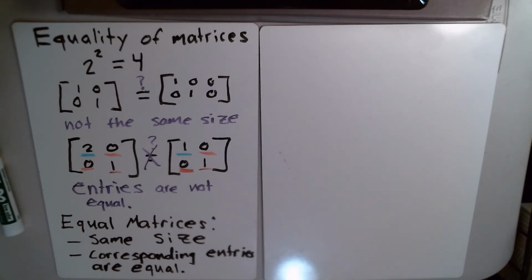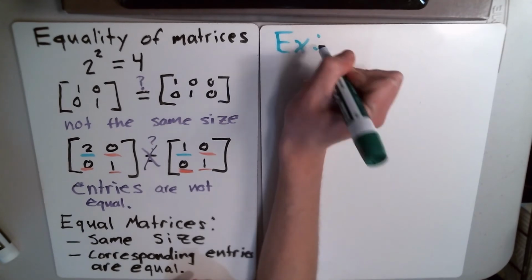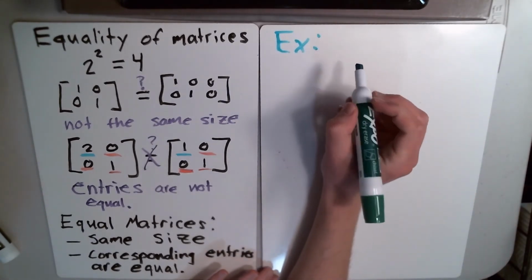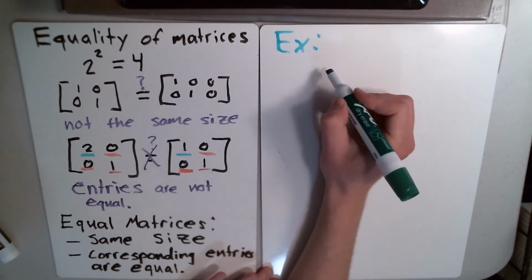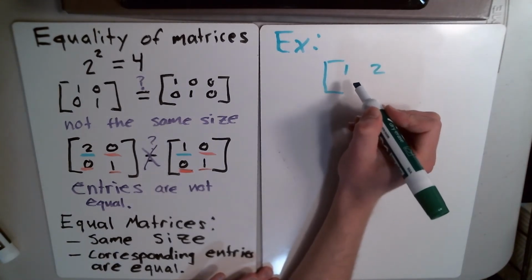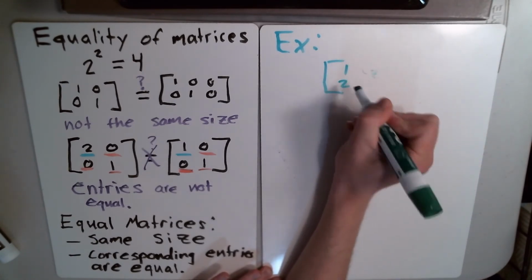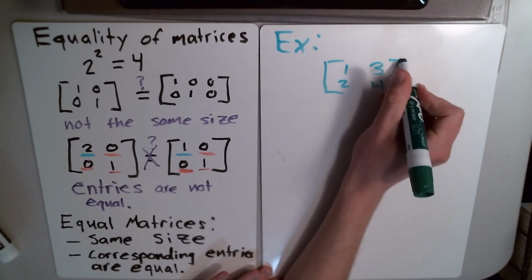So I'm going to do one example real fast of something that's similar to one of the things on the homework. We've got a matrix, 1, 2, 3, 4.